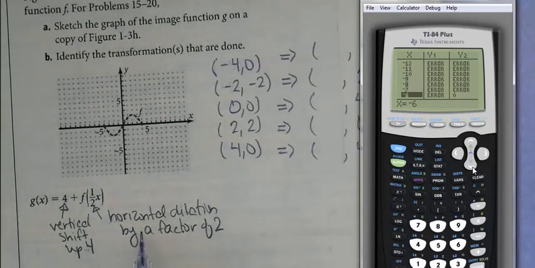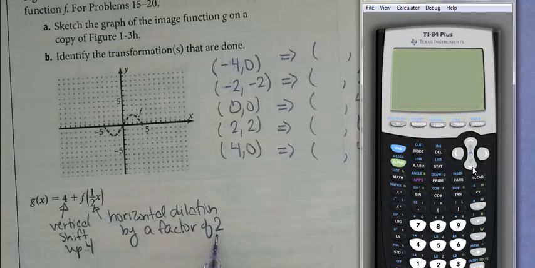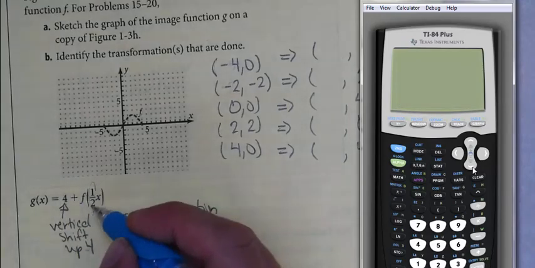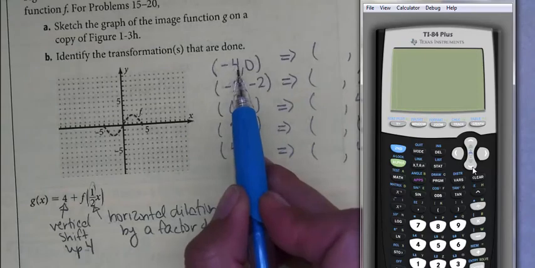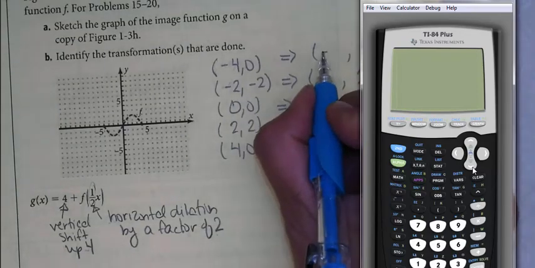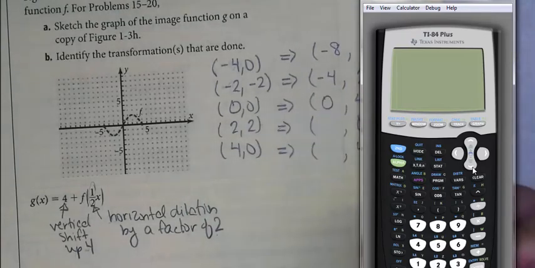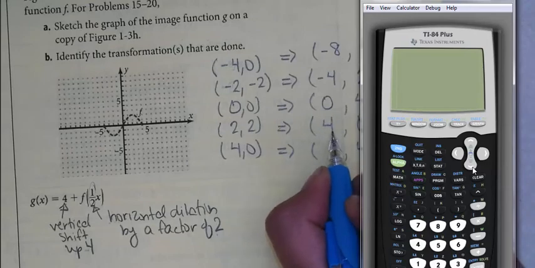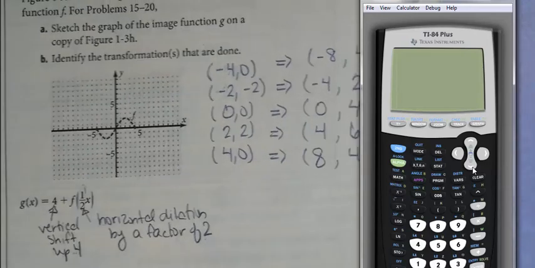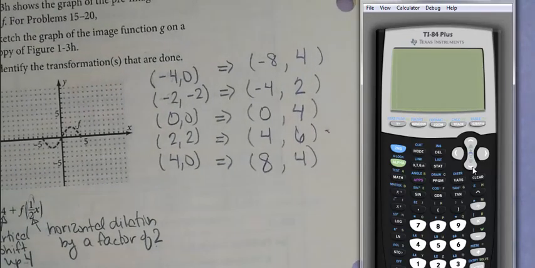Okay, then I've got this horizontal dilation by a factor of 2. Or in other words, my k is 1/2. So I'm going to take each of these and divide it by 1/2, which is the same as multiplying by 2. So I'll get -8, -4, 0, 4, and 8. Okay, so I'm just going to plot my new points on there.